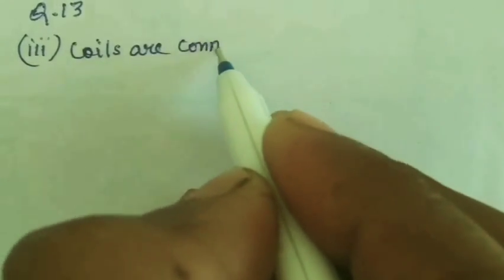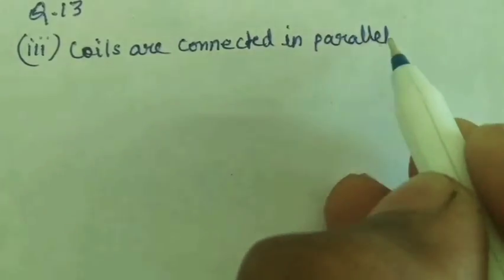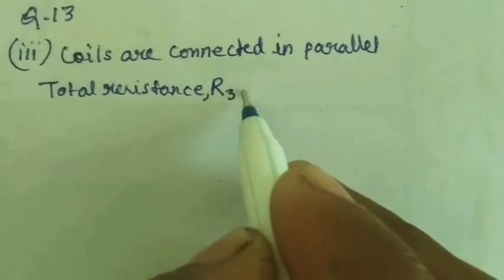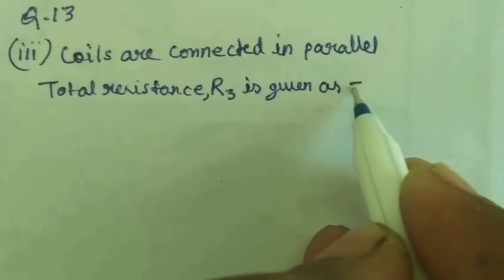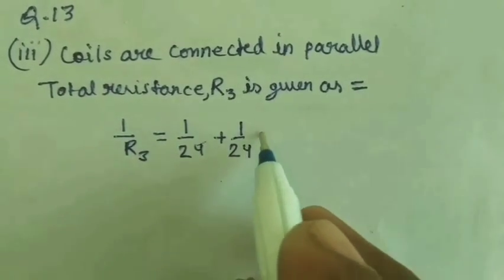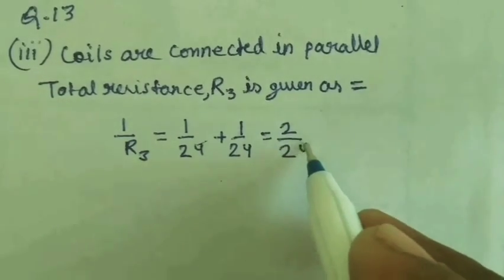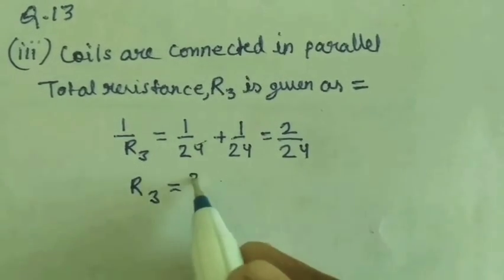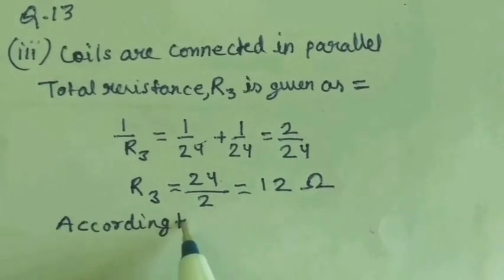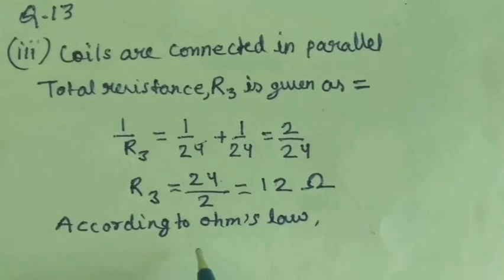Question number 13, part 3rd. Coils are connected in parallel. Total resistance R3 is given as 1 by R3 is equal to 1 by 24 plus 1 by 24 is equal to 2 by 24. R3 is equal to 24 upon 2 is equal to 12 ohm. According to Ohm's law, V is equal to I3 R3.